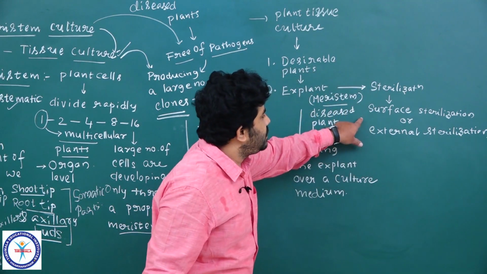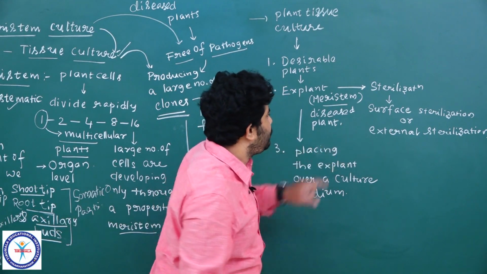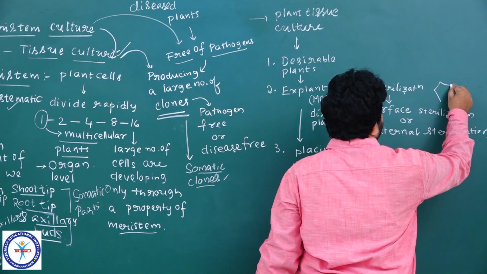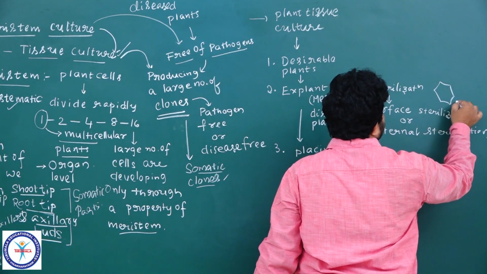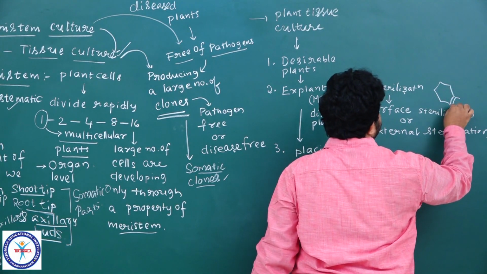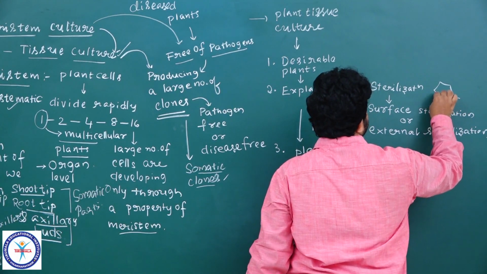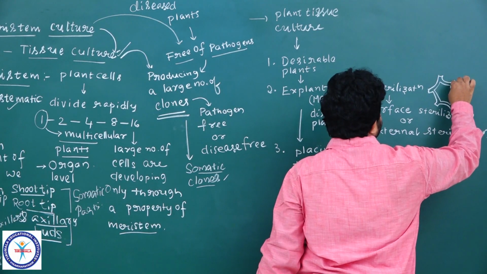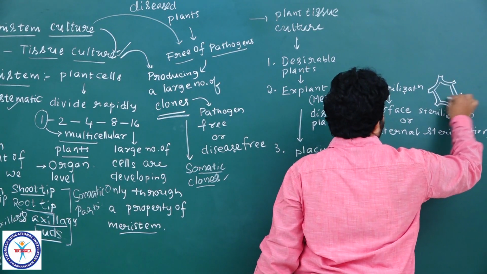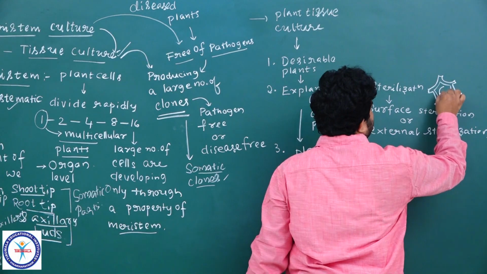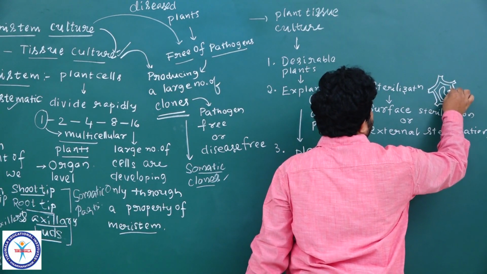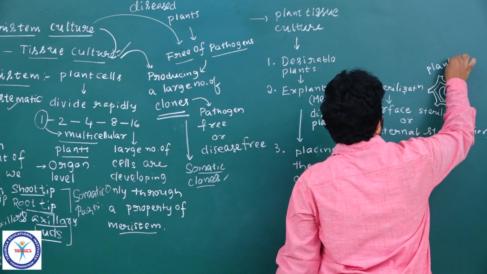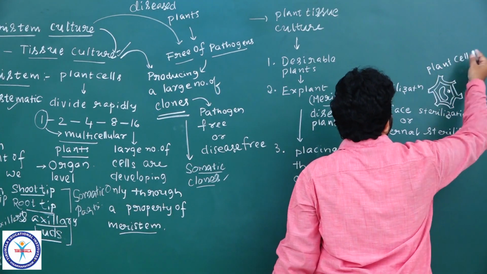For example, suppose we take a meristematic cell out of the diseased plant, or a group of cells collected from the meristematic region. Suppose it is a plant cell. To understand better, we just focus on one plant cell.